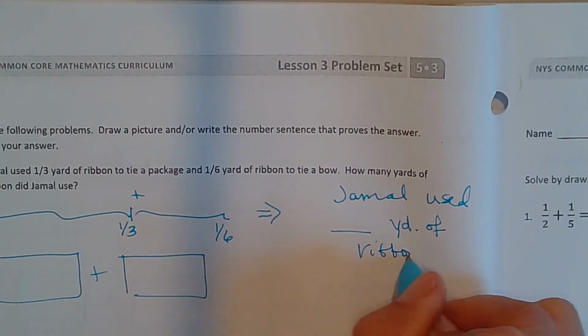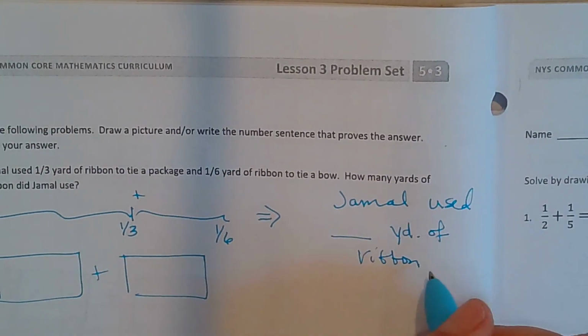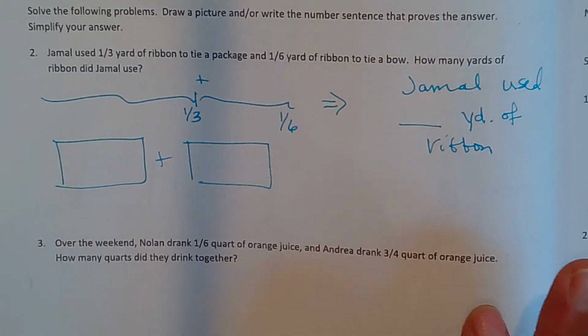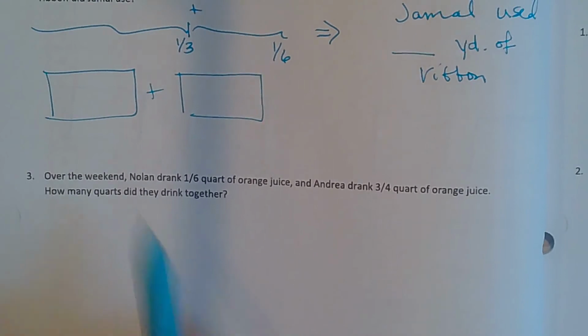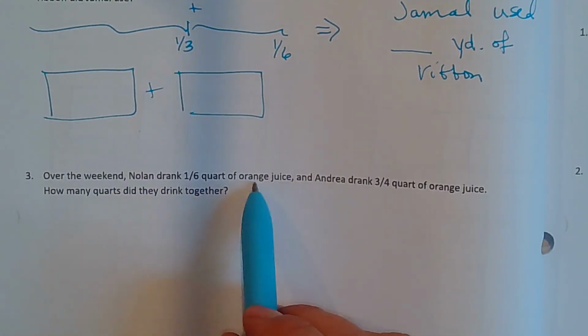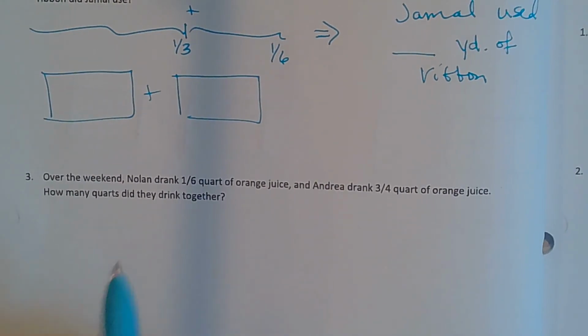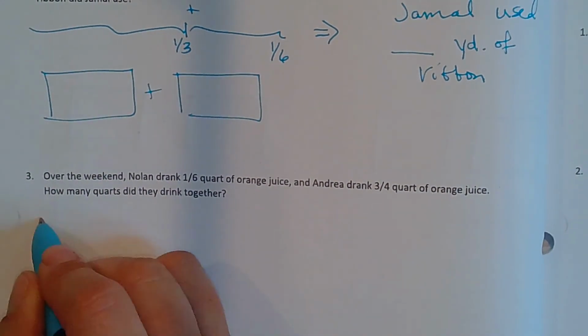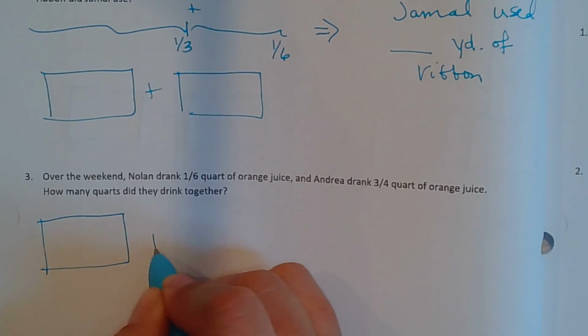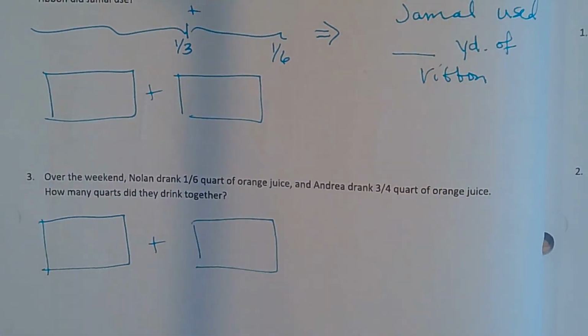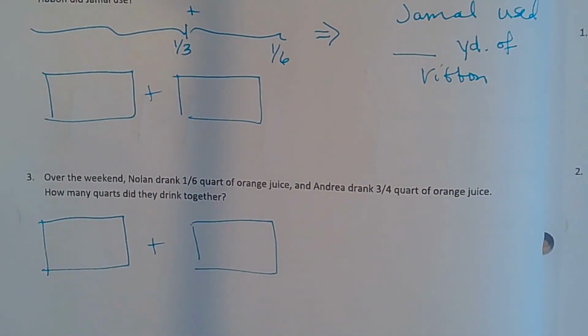Remember, that is actually the answer. Just a number is not. All right. Over the weekend, Nolan drank 1/6 quart of orange juice, and Andrea drank 3/4 quart of orange juice. So again, 1/6, 3/4. How much quarts did they drink all together?